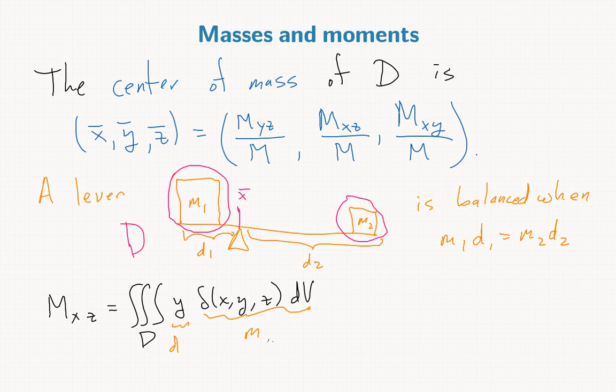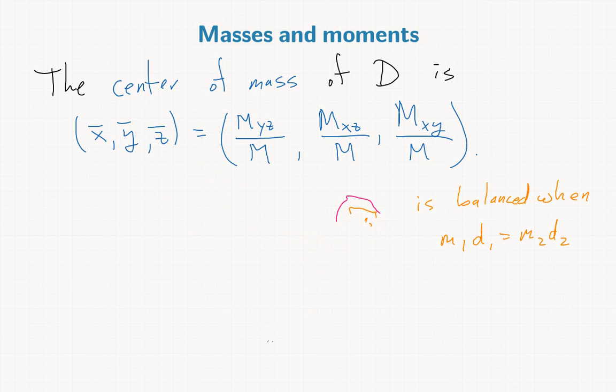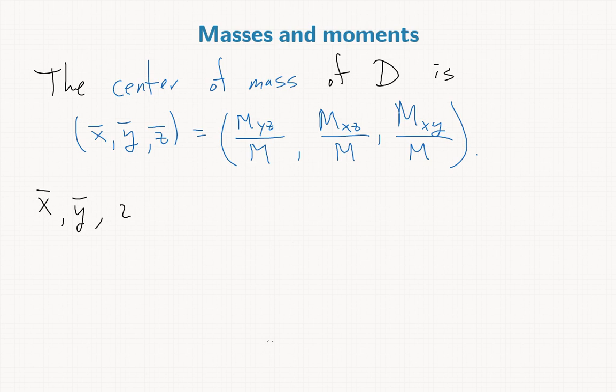So another way of thinking about this, an equivalent way of stating this definition, is that x bar, y bar, z bar are such that, and I guess that was a 2D example, I'll write the formula down in a second.